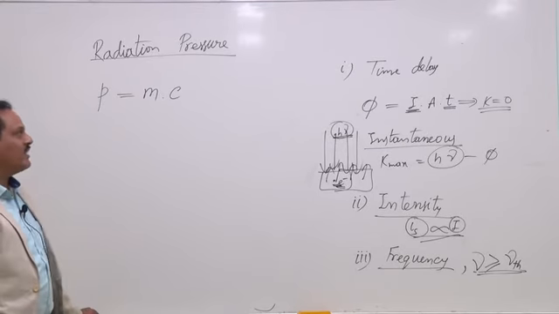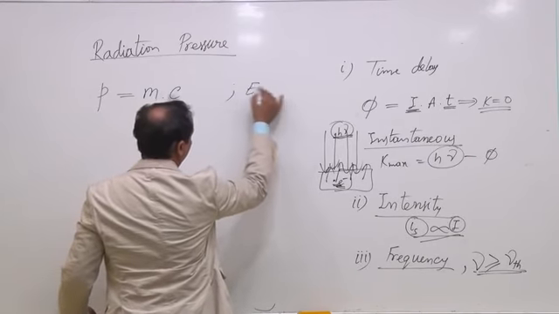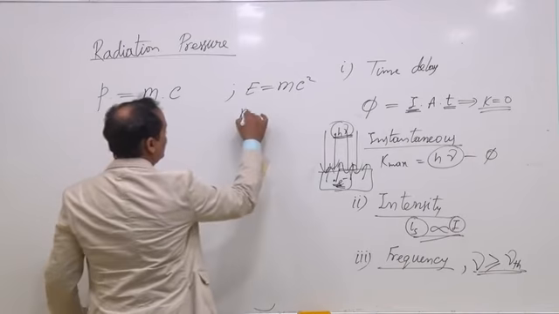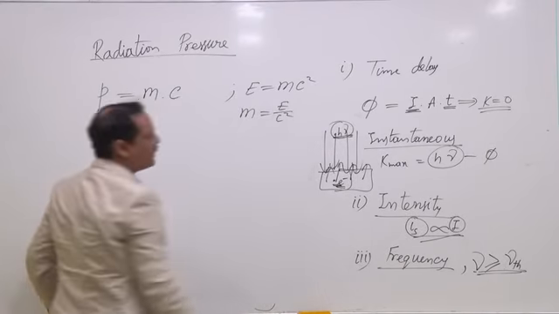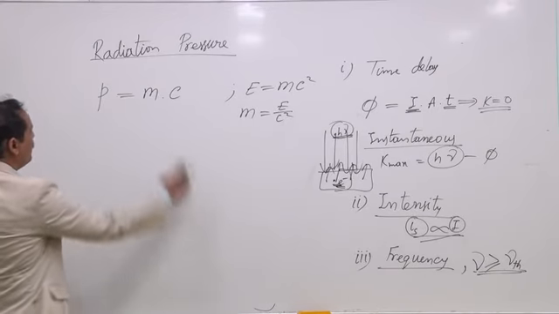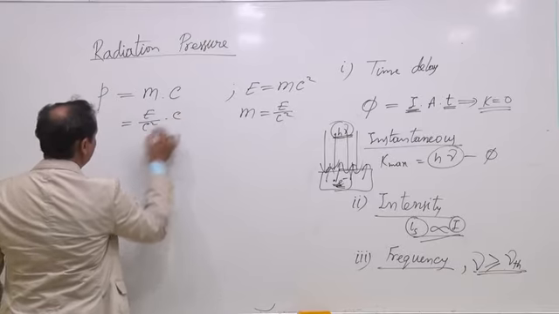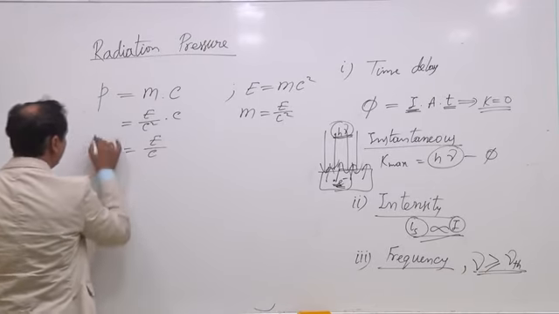A photon is a packet of energy, and according to Einstein's mass-energy relation, E = mc². So the effective mass of a photon is E/c². If I use this mass here, it is E/c² times c, so the momentum of a photon is equal to E/c.